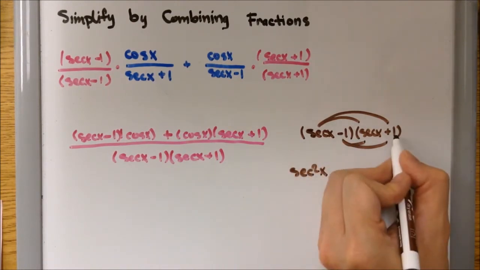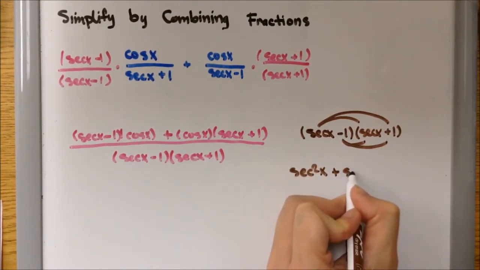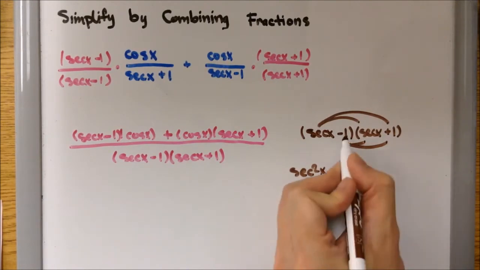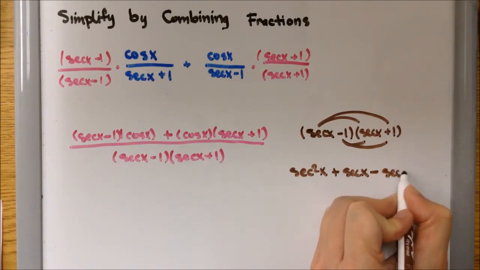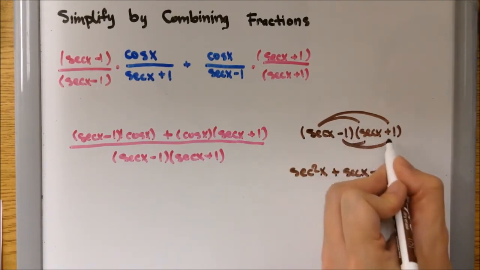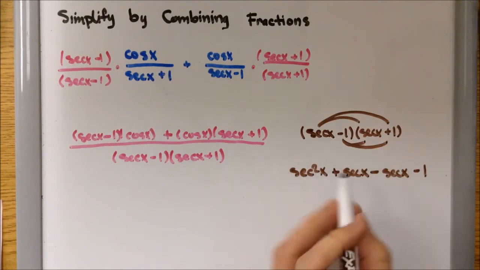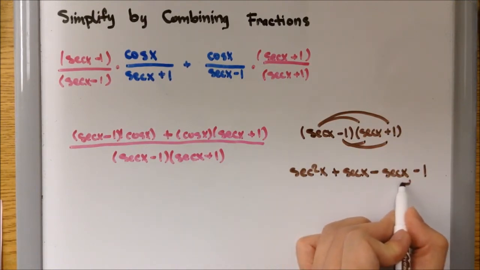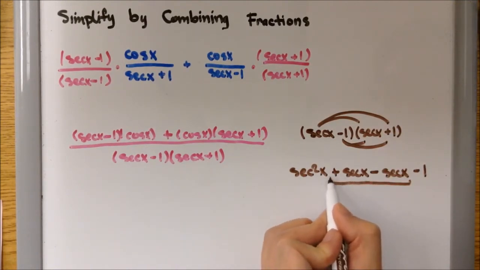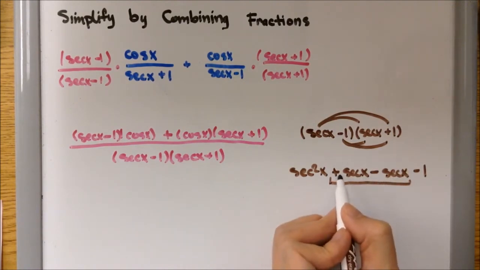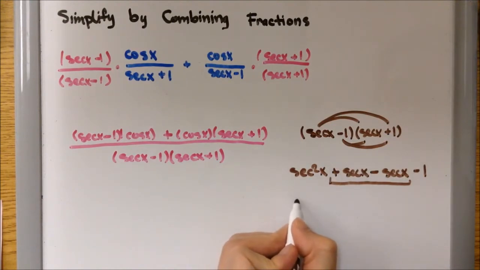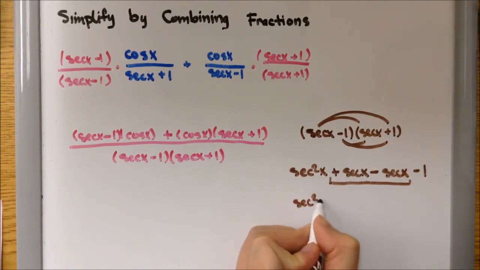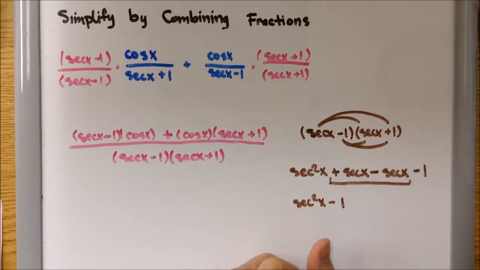Secant x times positive 1 will be plus secant x, and then minus 1 times secant x will be minus secant of x, and then negative 1 times positive 1 will be negative 1. Now if I look at the middle terms, they're both secant of x, one is positive, one is negative, so they're going to cancel out, equal to 0. So I'm left with just secant square x minus 1, which I'm going to replace over here.